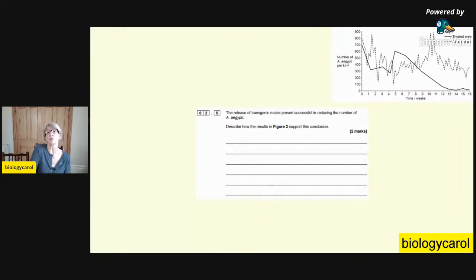It kind of goes down, it goes up a bit, and then it really comes down, and importantly, stays down. And this is in comparison to the control area, which you can see fluctuates a great deal, but there is really a significant difference at this end of the graph. The numbers have dropped and they stay down.